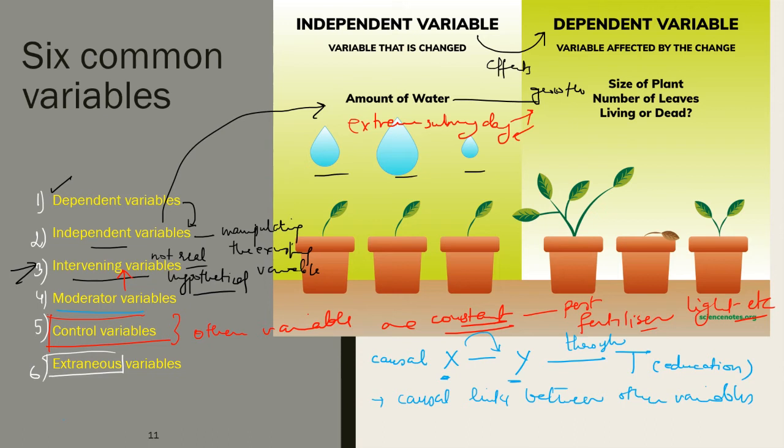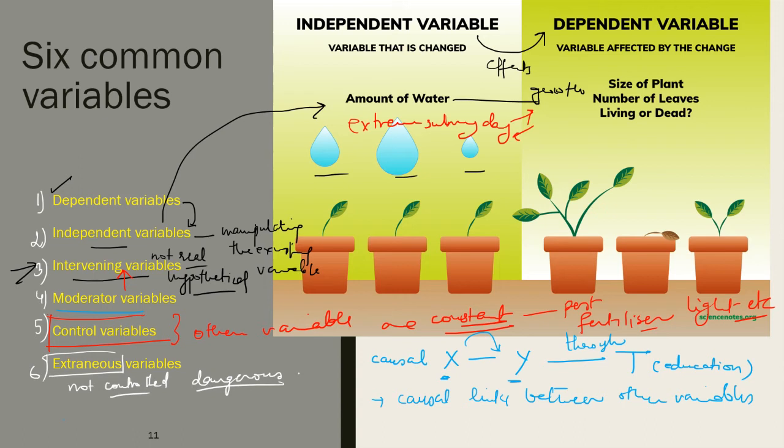Extraneous variables are very dangerous because they can affect the study's validity, and you don't know when they are going to come into the picture. It makes it impossible to know whether the effects were caused by the independent variables or moderator variables or extraneous variables. So if they cannot be controlled, they must be taken into consideration, right, when interpreting the result.